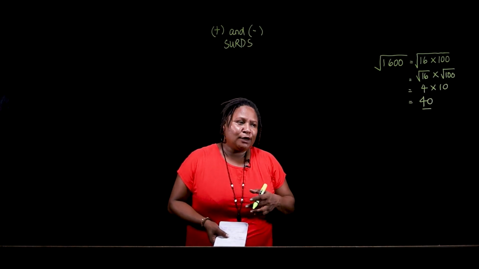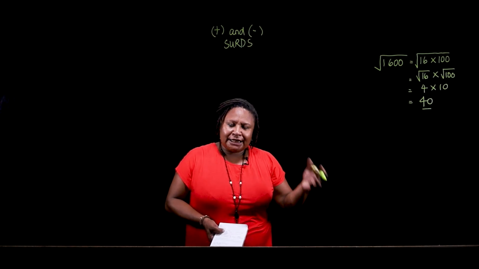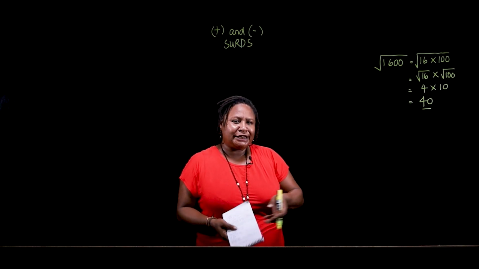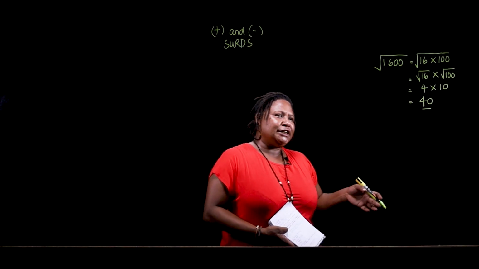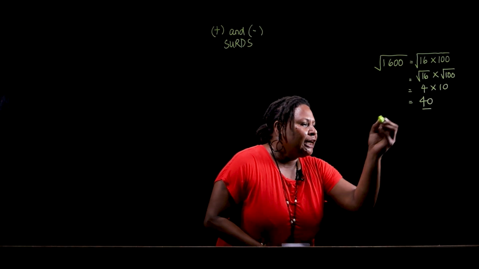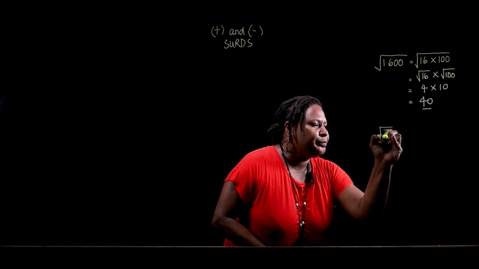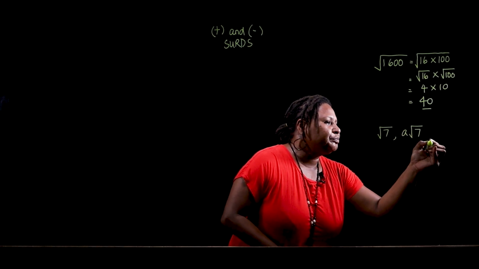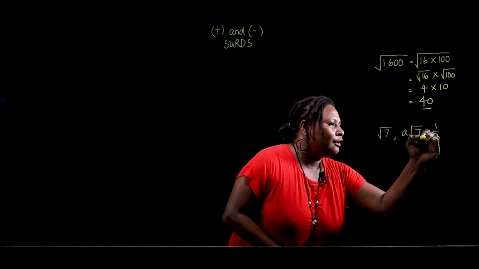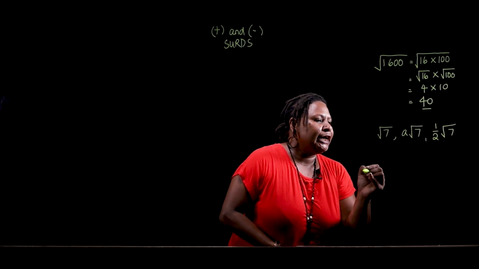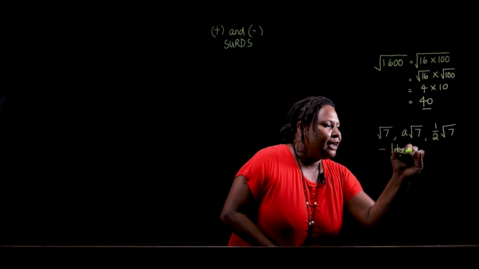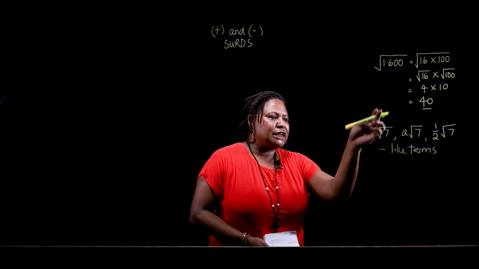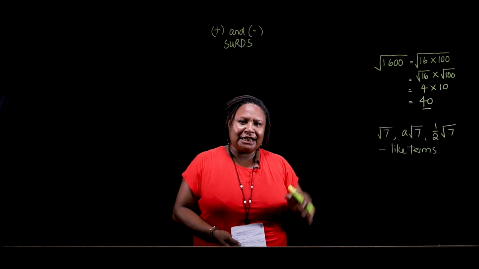One thing we must remember about surds: just as in algebra where we add and subtract like terms, we also practice that idea when we are adding and subtracting radicals. Now let's look at the numbers root 7, a root 7, or half root 7. All these numbers are like terms because the number under the radical sign is the same.